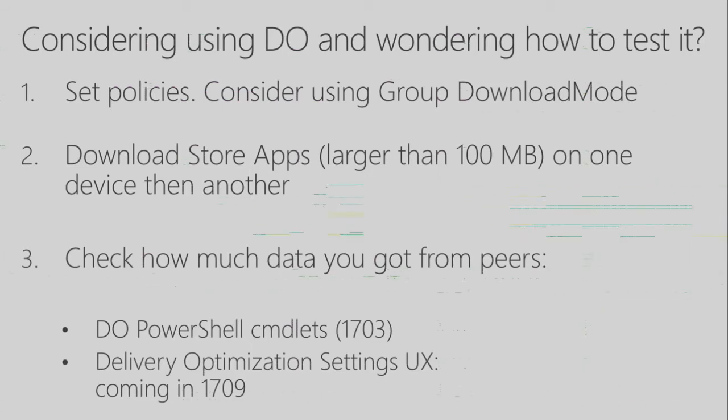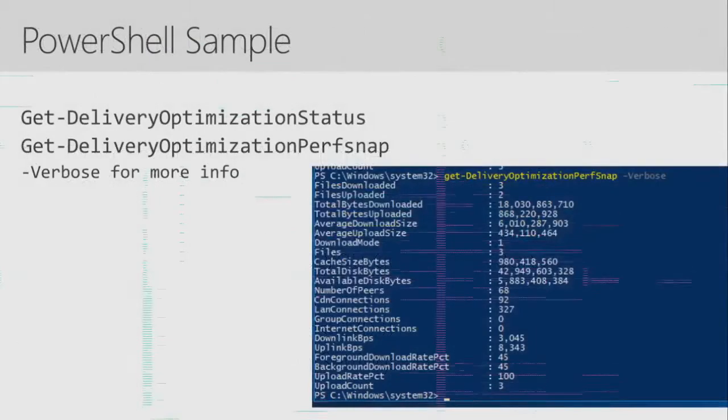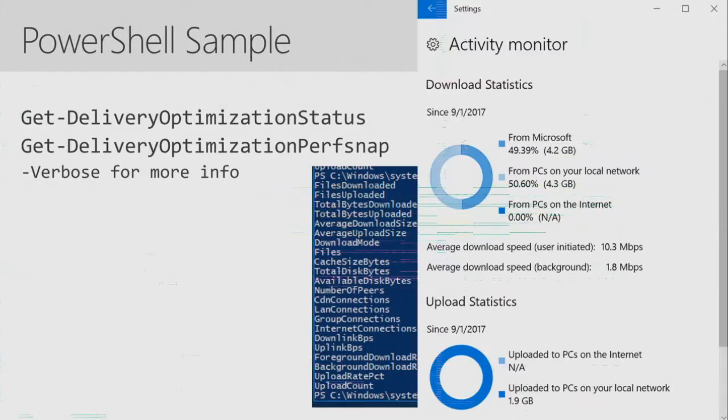Another thing we have is a UX that we added. So this is in 1709, and this is for any user to have easy access to see what's happening on their device. How many bytes we're downloading from Microsoft, from our HTTP or your HTTP server, how many bytes we're downloading from peers on your network and peers on the internet.